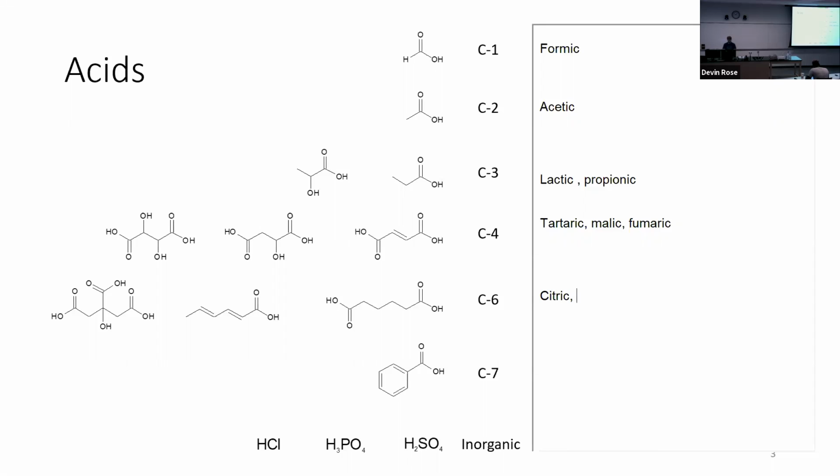This one here in the middle is sorbic acid. And then adipic acid. And then this acid with 7 carbons here has that benzene ring, so it's benzoic acid.